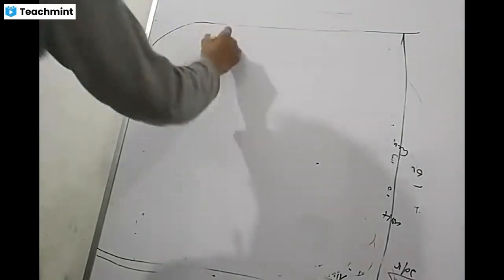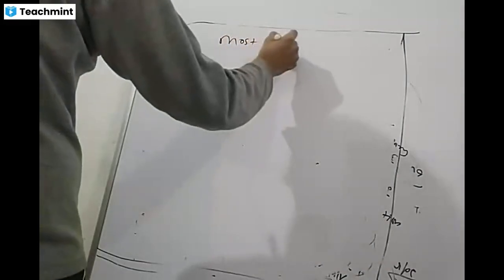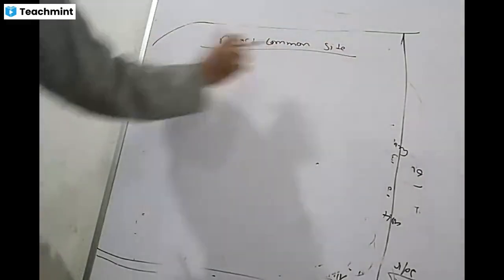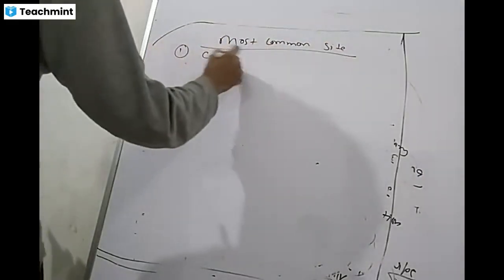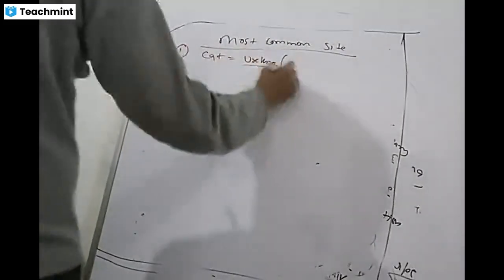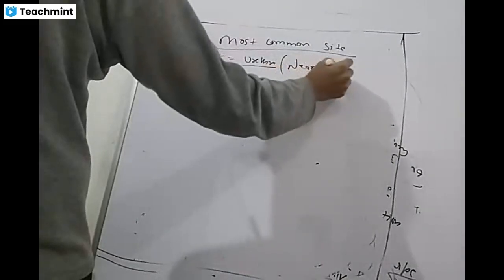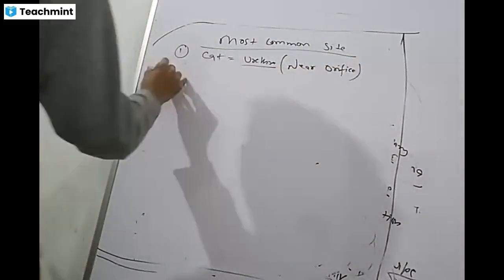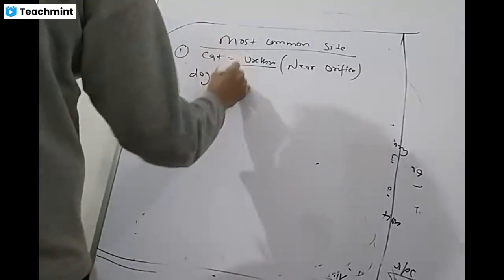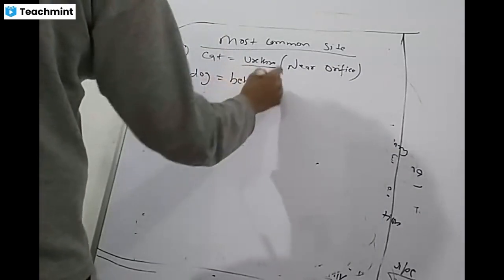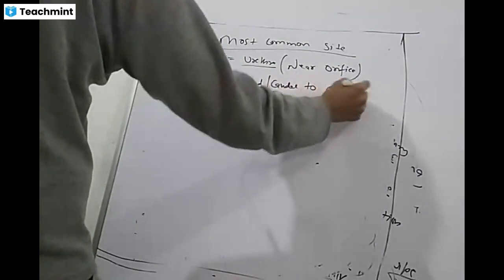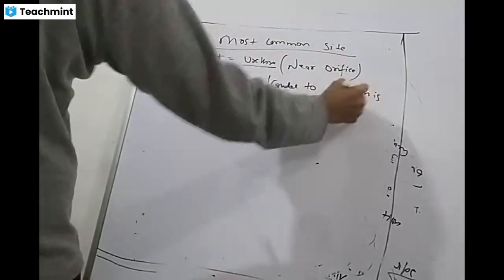Now we'll see the most common site in different species where the urolith gets deposited. In case of cat, it is the urethra, near to the orifice, near to the opening. In case of dog, it is caudal to os penis.